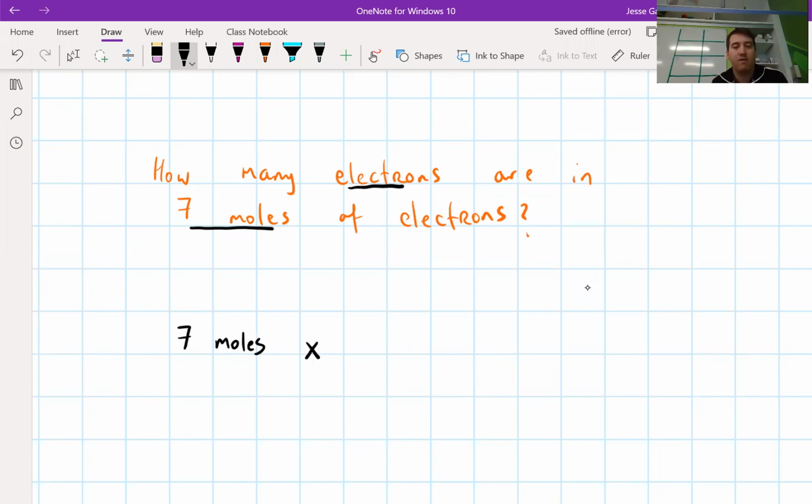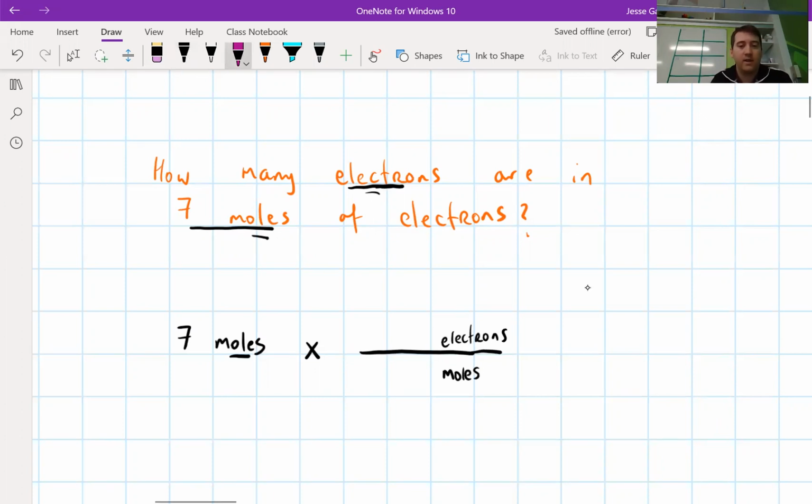So we're going to multiply it by a fraction, which has a numerator and a denominator. Into this fraction, we put the relationship between the things we're trying to convert between, so say, for example, moles to electrons. We want to make sure that the unit we're starting with, moles, is always in the denominator, and the other unit, electrons, is in the numerator.